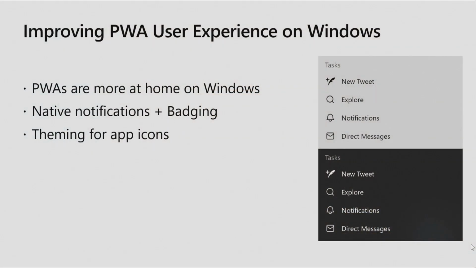Data from our app partners indicates that badging, when used thoughtfully, is one of those seemingly minor UI features that actually leads to a very significant spike in rates of user re-engagement. And finally, PWAs can now blend in with the ambiance of Windows by having their app resources, such as icons, respond to user themes. This allows your app to respect the user's preferences in case of light or dark modes, or even assist them in increasing usability for those who require high contrast.